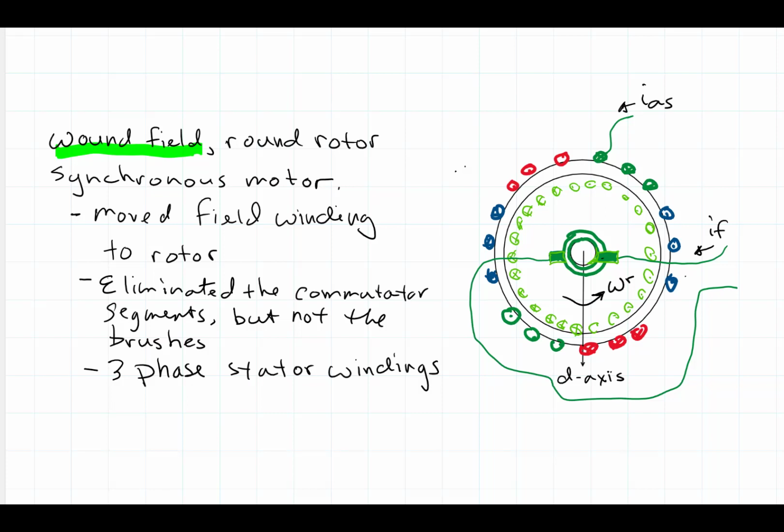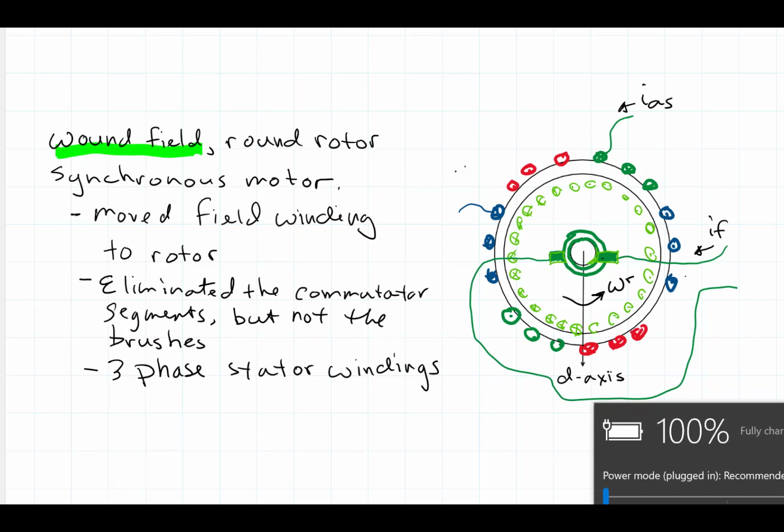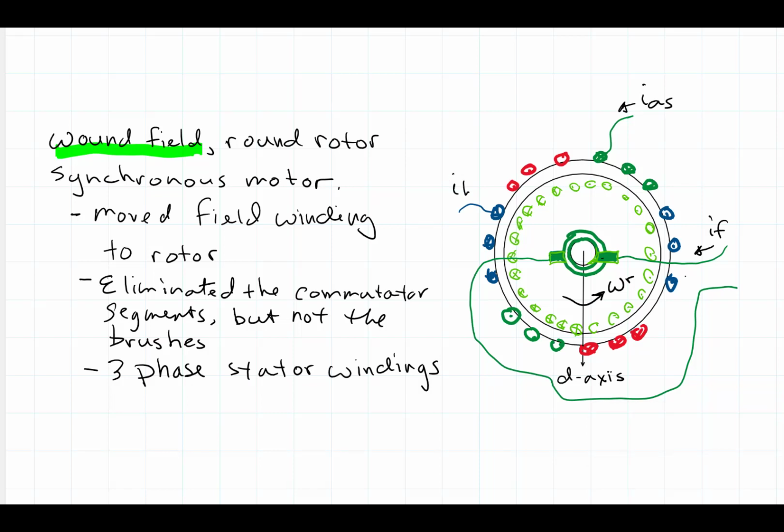We've got a phase B winding and current IBS coming into the B winding, and then we have a third C winding with the current ICS, stator phase current C, coming into that winding.